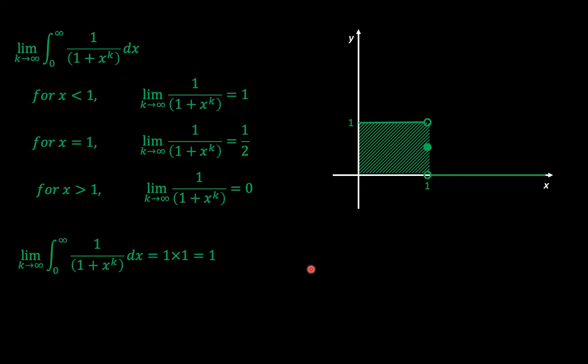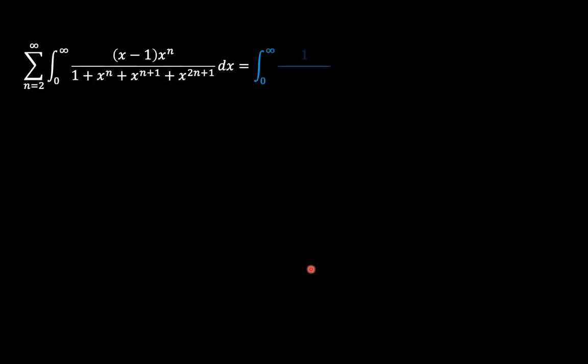We saw the blue integral amounting to pi over 2. So in essence, the summation from n equals 2 to infinity of the integral from 0 to infinity of (x minus 1) times x to the power n over 1 plus x to the power n plus x to the power n plus 1 plus x to the power 2n plus 1 is equal to this blue integral minus this green integral.